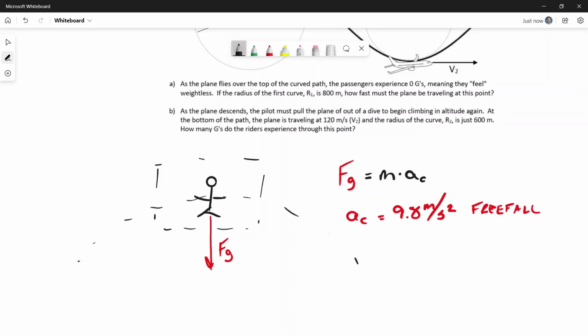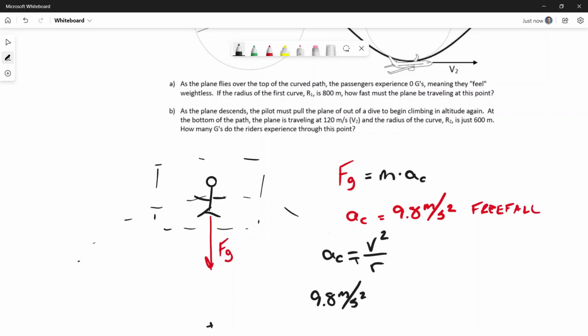Well, in circular motion, we know that the centripetal acceleration is equal to the square of the velocity over the radius. And since we know that the centripetal acceleration is 9.8 meters per second squared, and notice normally it's downward, right?